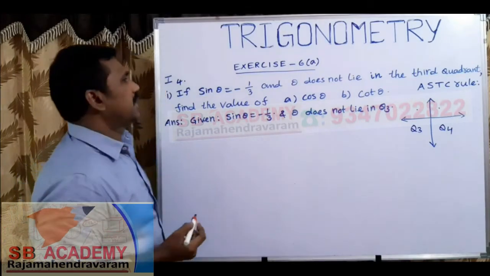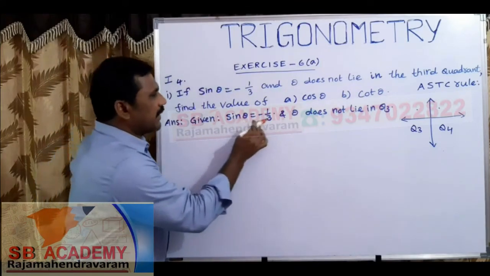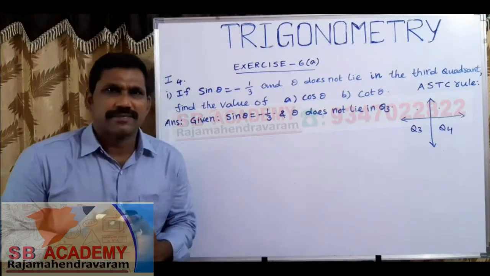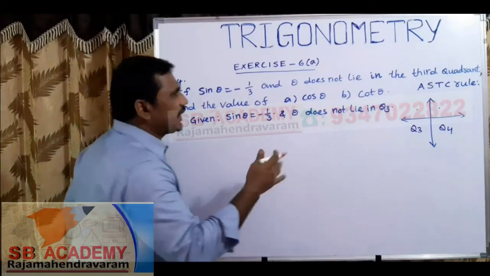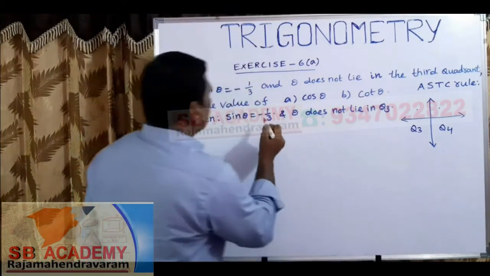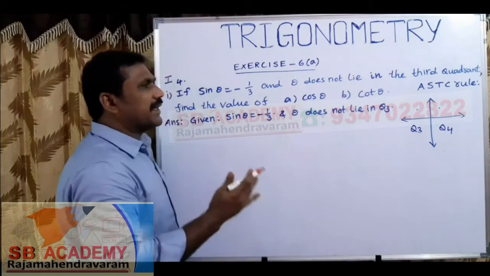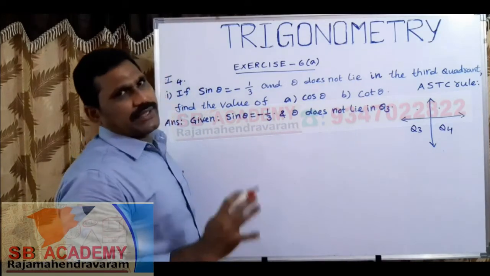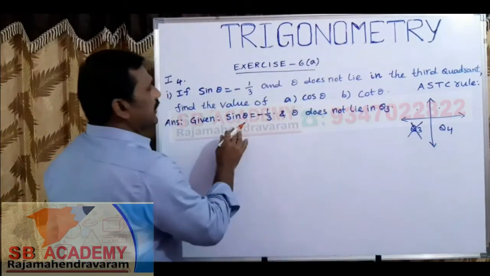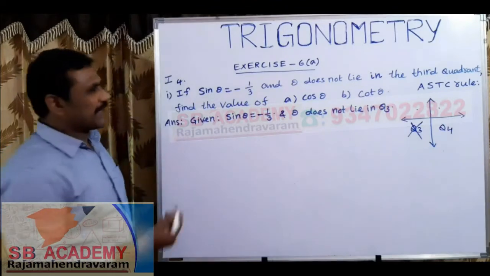Remember that one. So our given condition is sin theta is minus 1 by 3, that is negative value. Okay, and theta does not lie in Q3. So sin theta is negative and theta does not lie in Q3, third quadrant. So that's why our given sine ratio lies in which quadrant? Fourth quadrant.